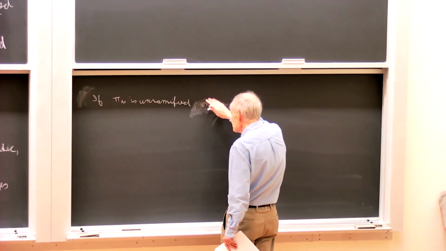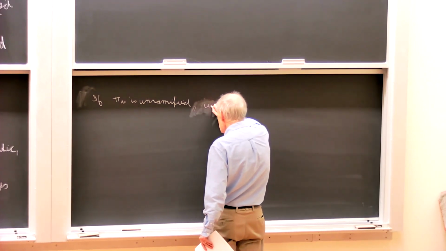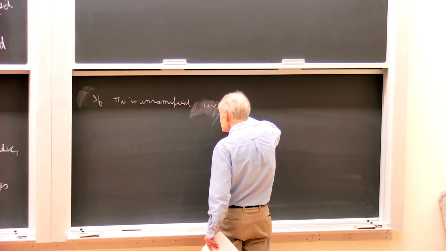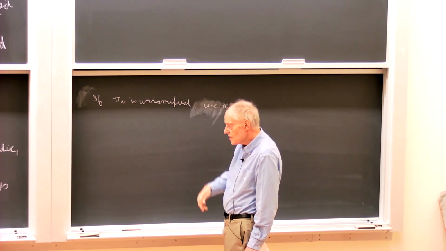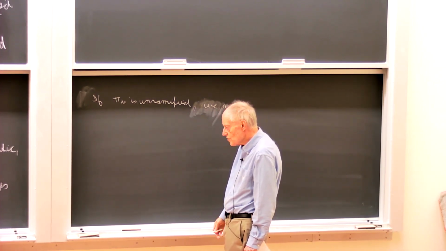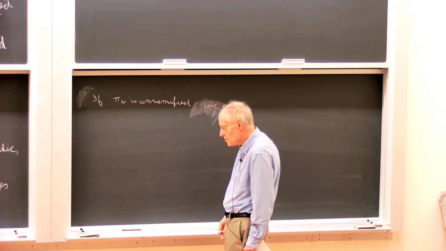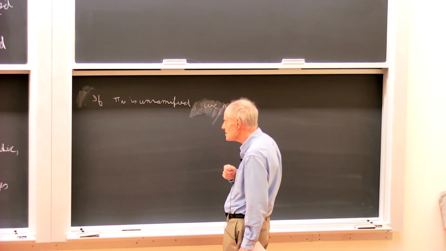If it's unramified, we ask, for G over V to be unramified, that the group G over FV be unramified in this sense.